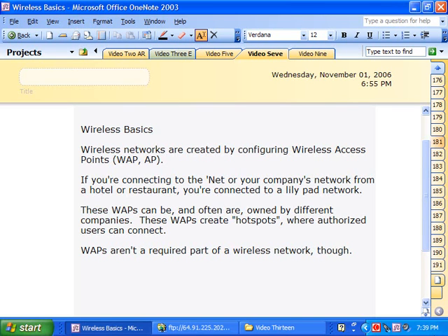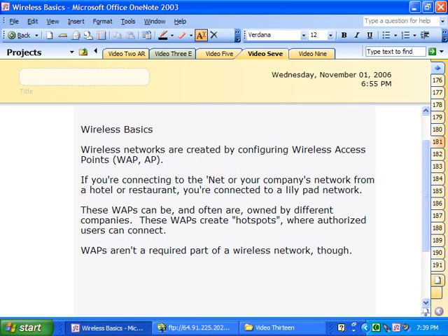Because let's face it, we've got wireless access points popping up all the time, and of course communities that get mad because they don't want a wireless tower in their neighborhood, etc. So that's where the term lily pad network comes from. There's just this pattern of wireless access points that are connected together, much like you can have a pattern of lily pads in a pond that really doesn't follow any set geometric shape, but they are related in some fashion. We're going to connect those to make our wireless network.